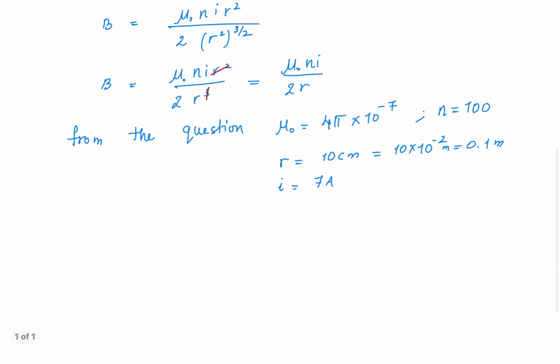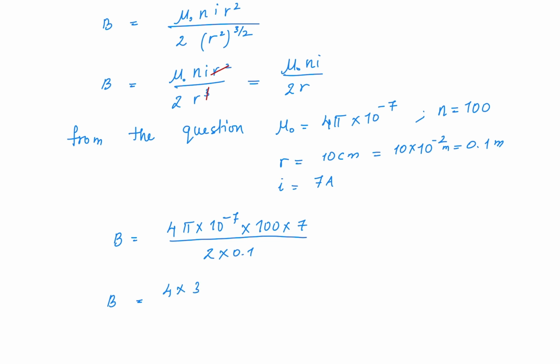Substituting all these values in the above equation, we get B is equal to 4 pi into 10 to the power of minus 7 into 100 multiplied by 7 divided by 2 into 0.1. So B is equal to 4 into 3.14 into 7 into 10 to the power of minus 5 divided by 0.2.